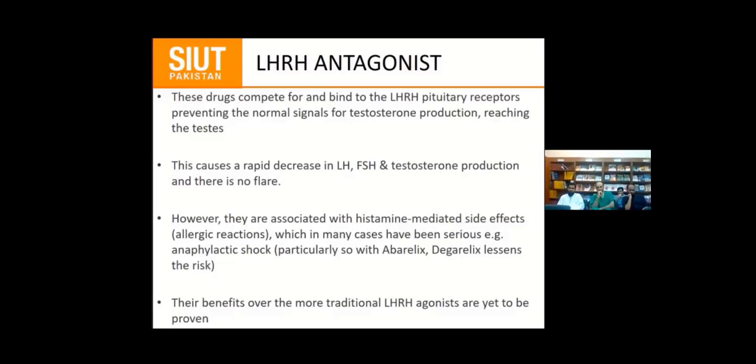However, they are associated with histamine-mediated side effects, which include allergic reactions, which in many cases have been serious. Example, anaphylactic shock, particularly so with Abarelix, and Degarelix lessens the risk. Their benefits over more traditional LHRH agonists are yet to be proven.